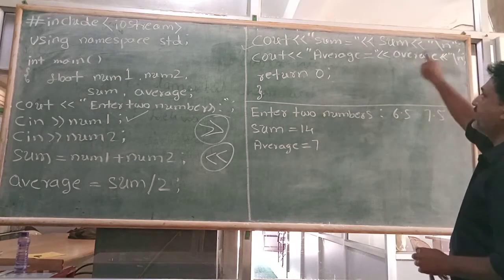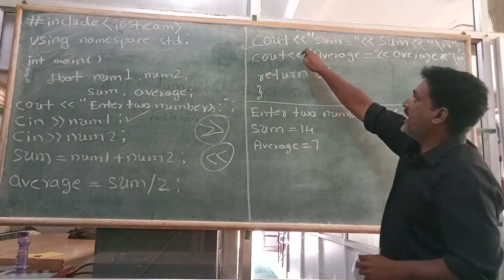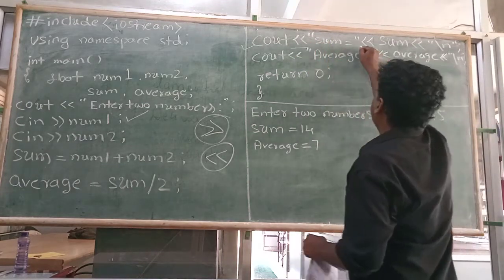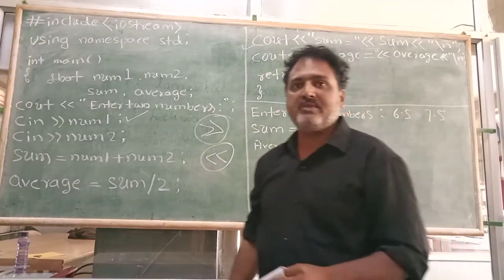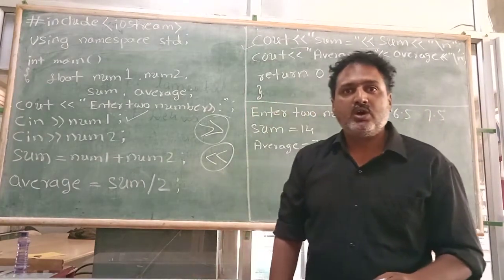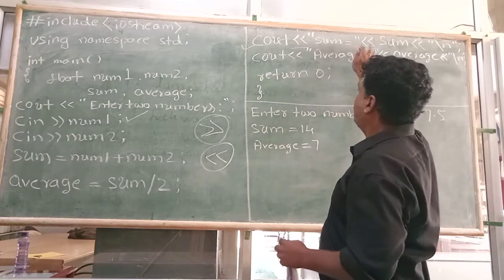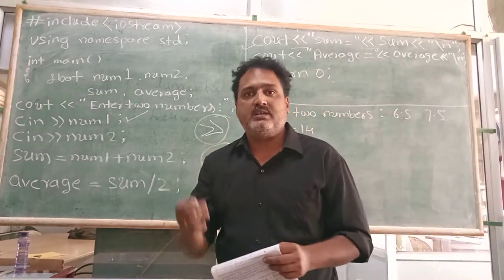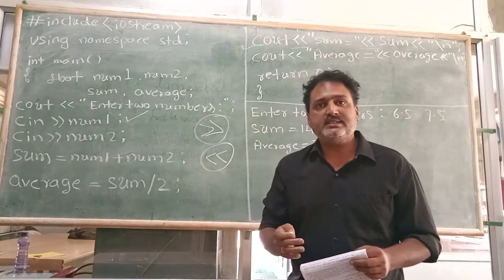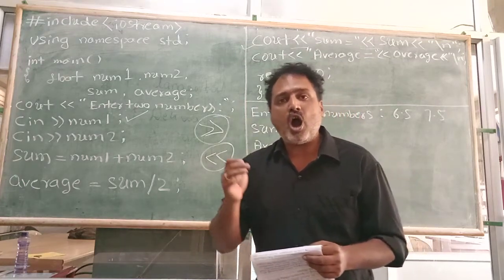Here we have written the double angular brackets 2 times. So such a combination of more than one angular bracket is known as cascading IO operators.